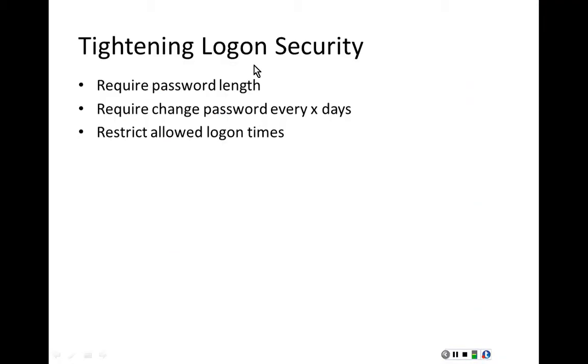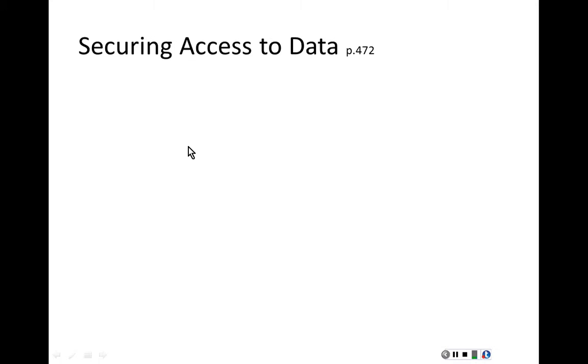To tighten login security, we can increase the required password length, or we can decrease the time in which the user must change the password, and we can restrict login time. So that's called login security or authentication security.